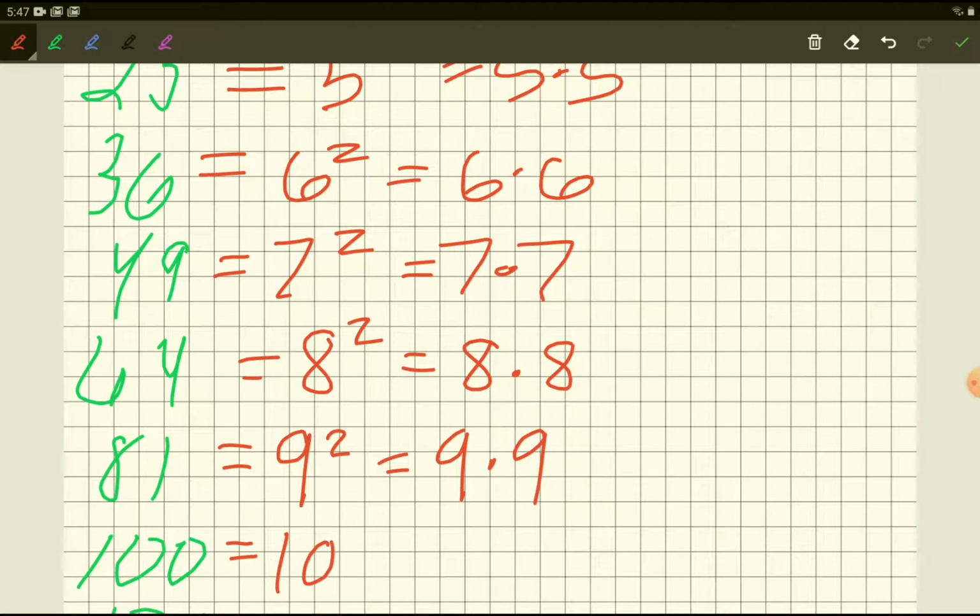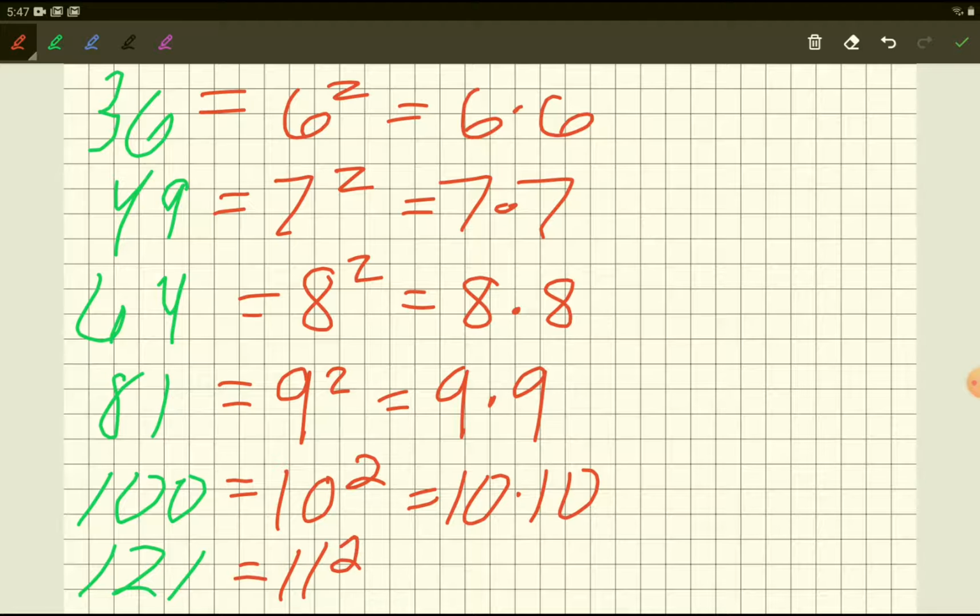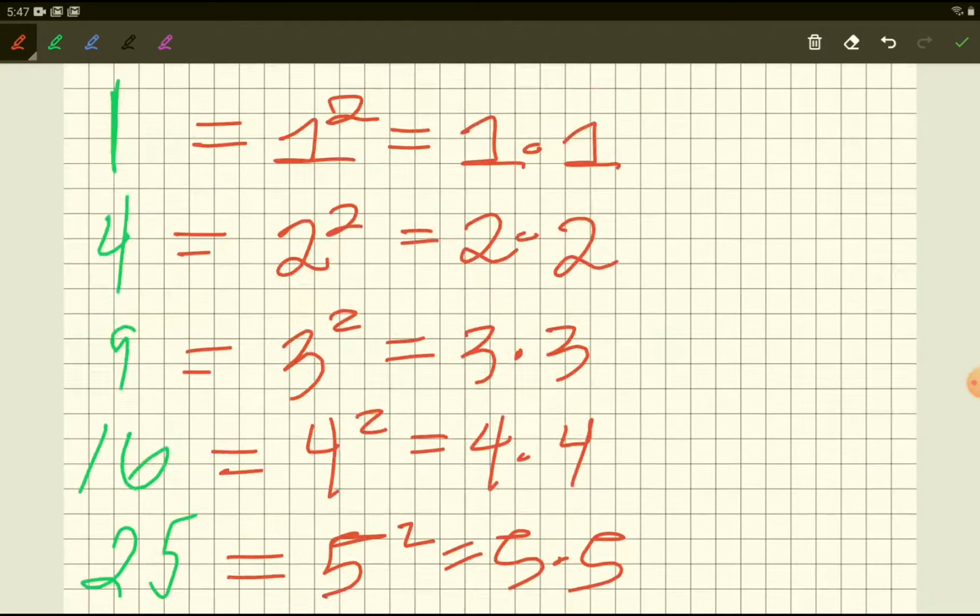These are need to know: your times tables, very important. In the red is how you find the perfect squares. Remember, the perfect squares are in the green. In the red is how you find them.